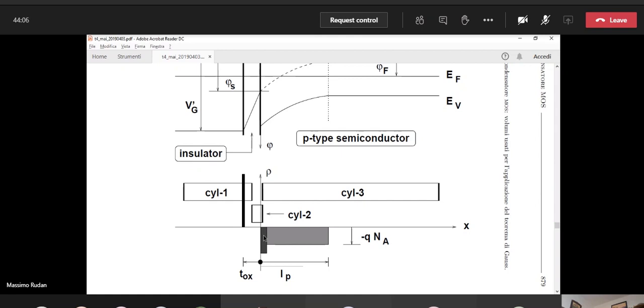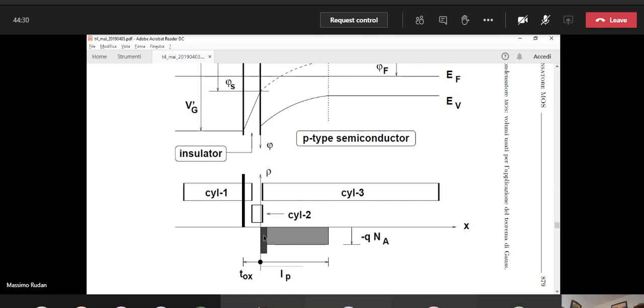So by applying a positive bias on the gate, we have negative charges in the semiconductor. The total of them is the sum of those due to the electrons of the layer plus those due to the dopants, okay?